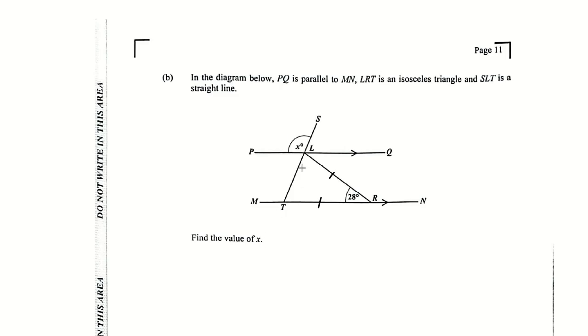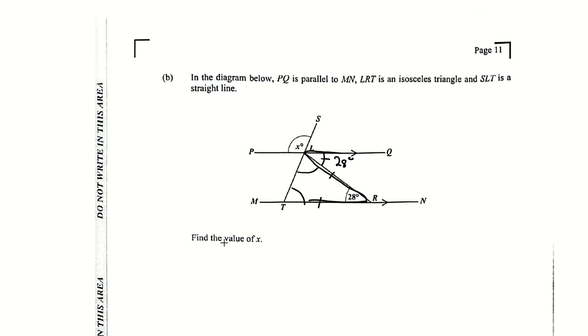So the first thing I would have done is I know, right, I'm seeing interior angles. If you're looking, you could see the Z. We know that they're the same, so this is 28 degrees. I also know that this angle here and this angle here would be equal because they are the base angles of my triangle. They're not telling you to put the reasoning, so you don't need to remember the reasoning, you just need to remember the working.